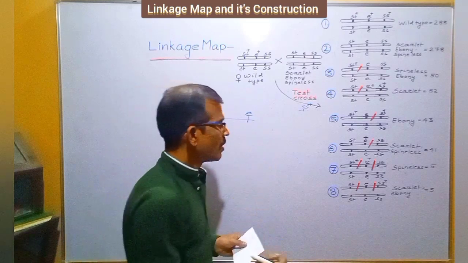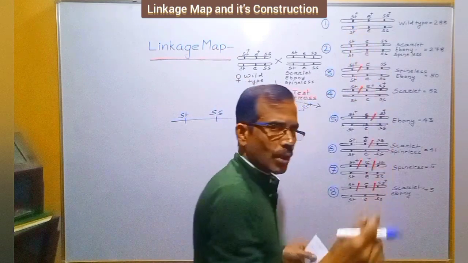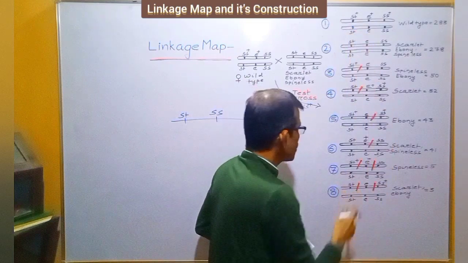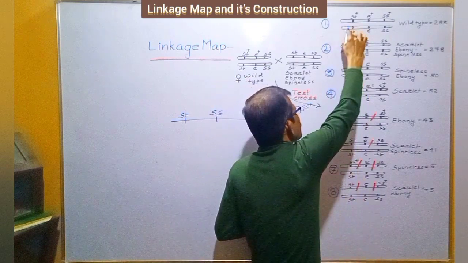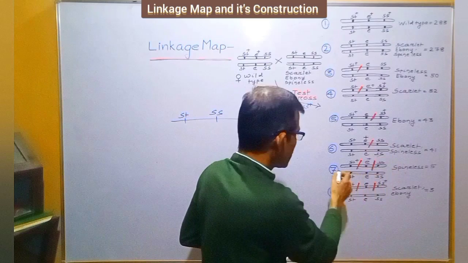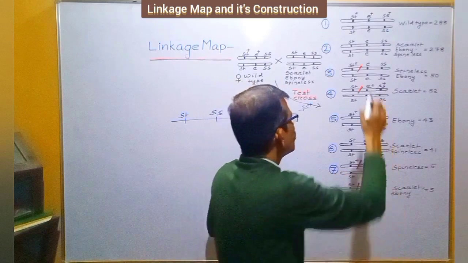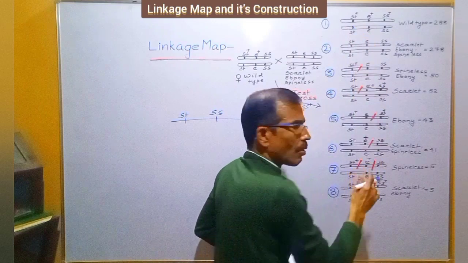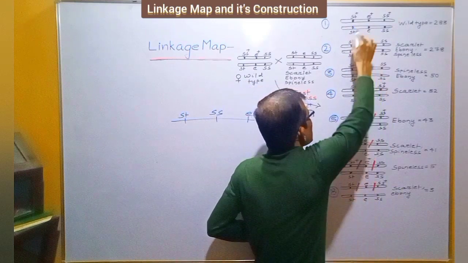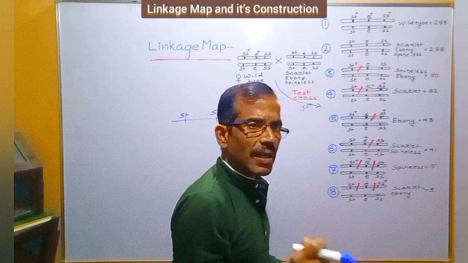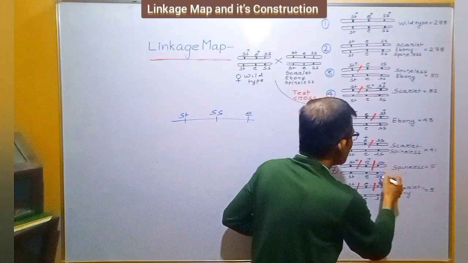After that, let us compare non-recombinant progenies with double crossover progenies. If we compare the first phenotypic class with the seventh phenotypic class, then it becomes clear that both have the wild type alleles for eye color and body color. The only difference is in relation to the locus for bristle.